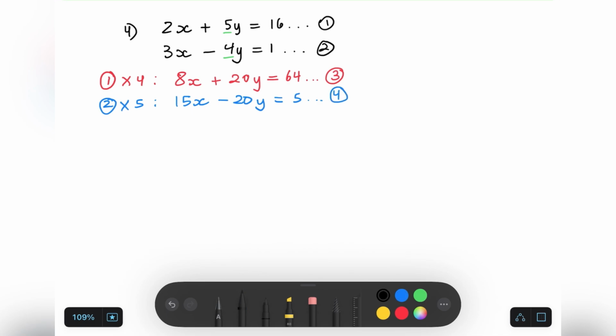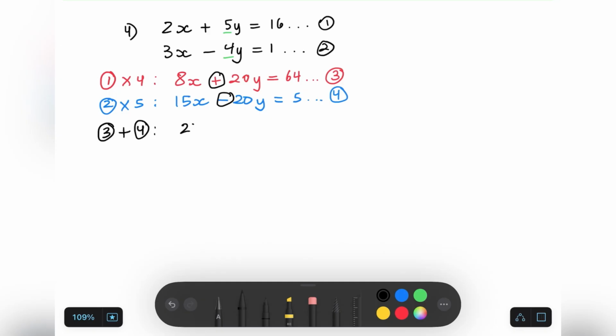All right, so now I could go ahead and eliminate y because the coefficient is the same. However, you must note that the signs are different. And when you have different signs, you add the equations. So I'm going to say equation 3 plus equation 4. So 8 plus 15 is 23.